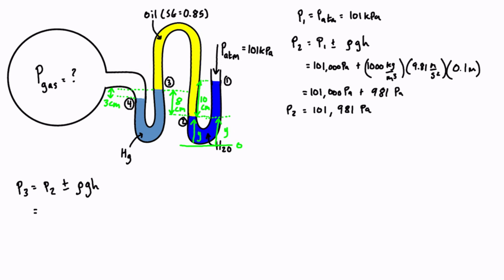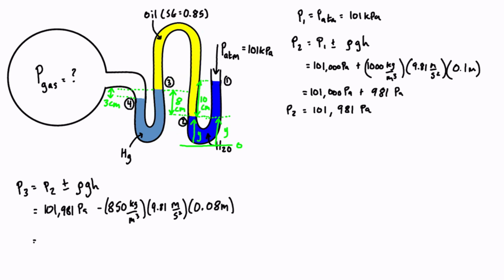We had P2, which was 101,981 pascals. We're going to subtract the density of oil. Because the specific gravity is 0.85, the density is 0.85 times the density of water, so it's going to be 850 kilograms per meter cubed, times acceleration due to gravity, times the height difference from P2 to P3, which is 8 centimeters.